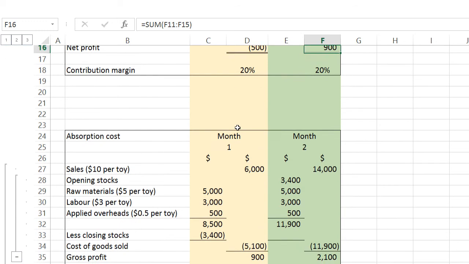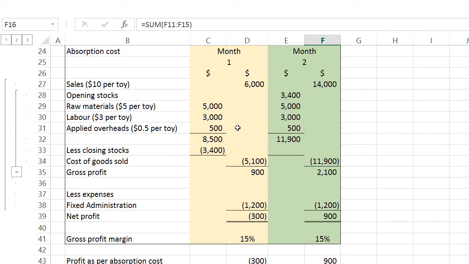Now let's apply that to the absorption method and see how it differs. So if it's the absorption method, if it sold only 1,300 in month 2, total revenue will be 13,000. What about closing stocks? Closing stocks will be 100. At what cost each? It will be 8.50. How do I get 8.50?